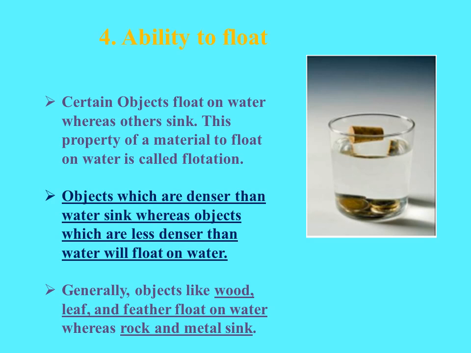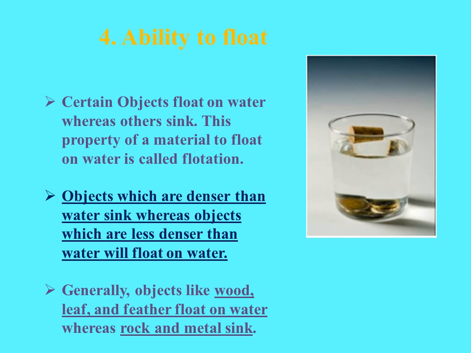Next comes the ability to float, that is, the classification based on flotation. Actually, this force is known as buoyancy. The upward force applied by the fluid on an object when the object is put in or submerged in the fluid is termed buoyancy.